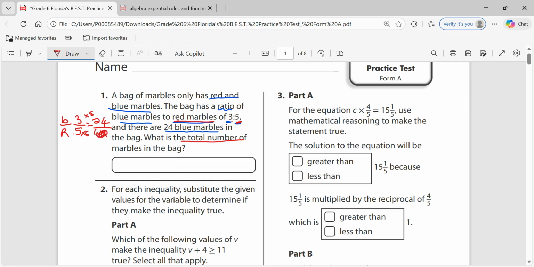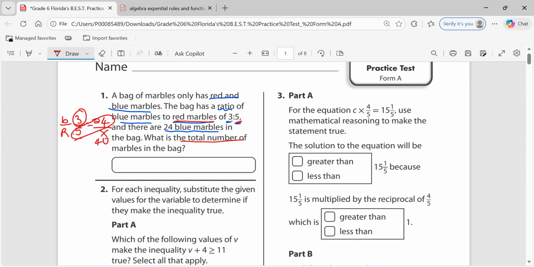So that tells me there's 40 red marbles. If you don't want to do that, like I said, some of you know it as bat and ball. You multiply by the bat and divide by the ball, and you will still get that x is 40.